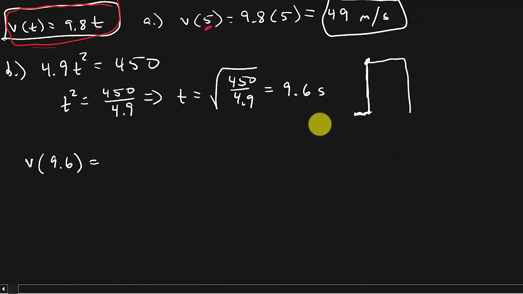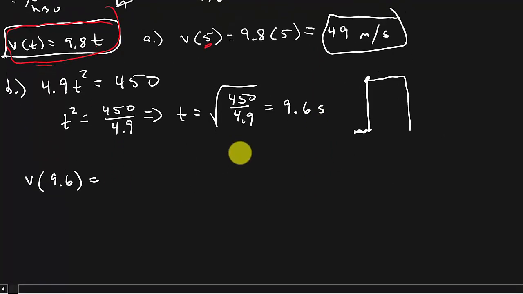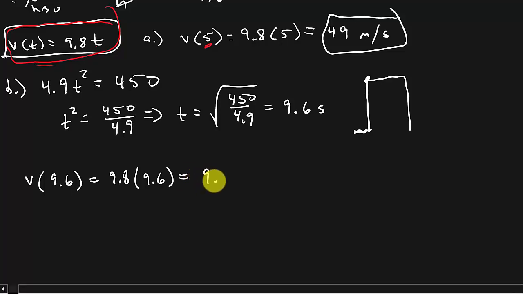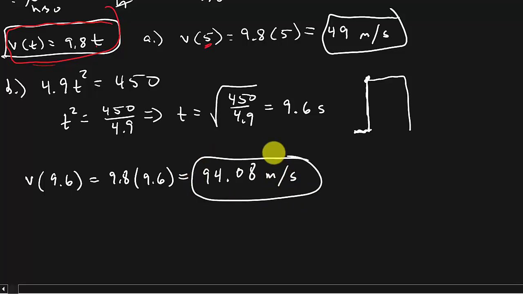And so now this is going to be 9.8 times 9.6, and that is going to give me 94.08 meters per second. That's the velocity at which it hits the ground.